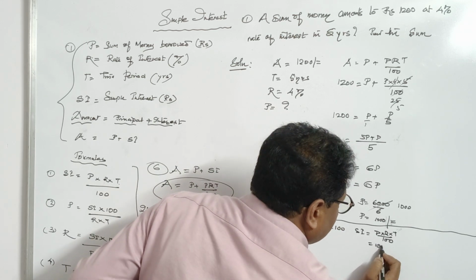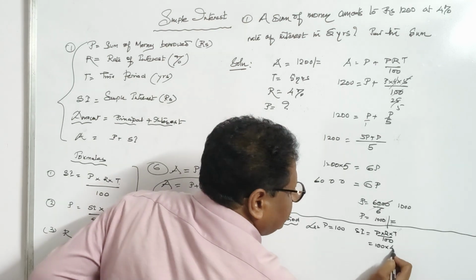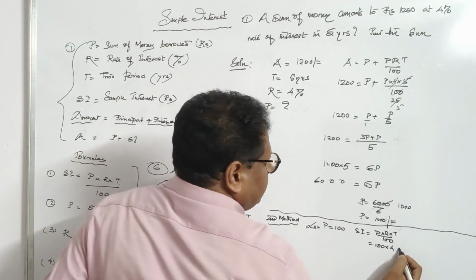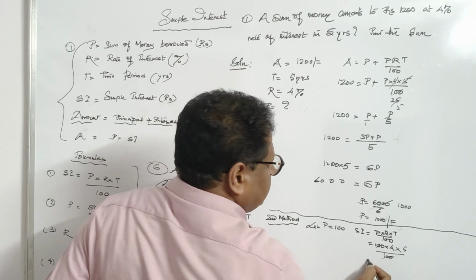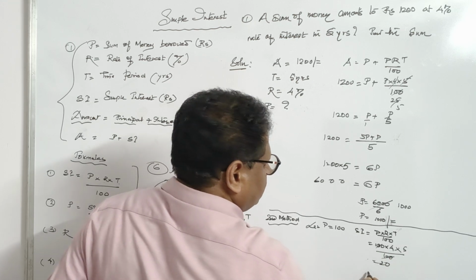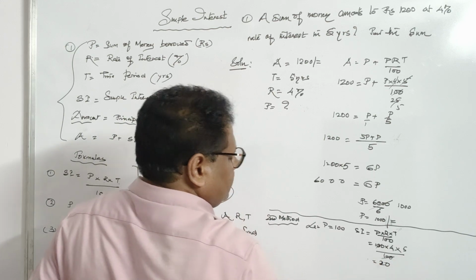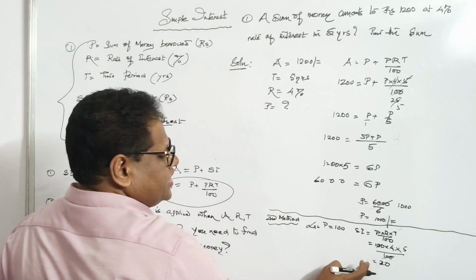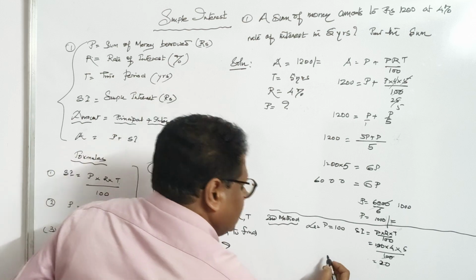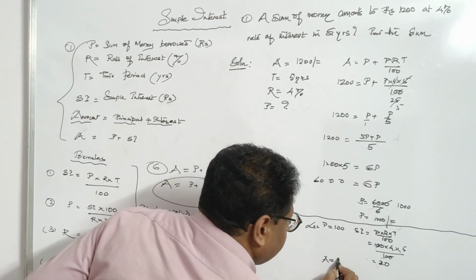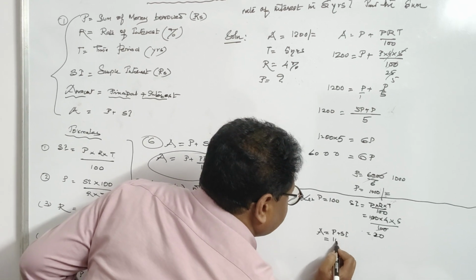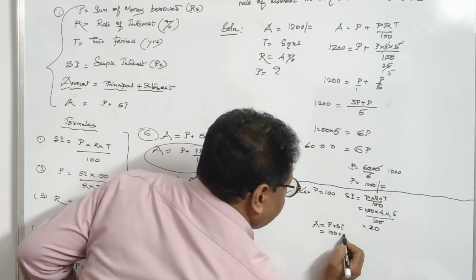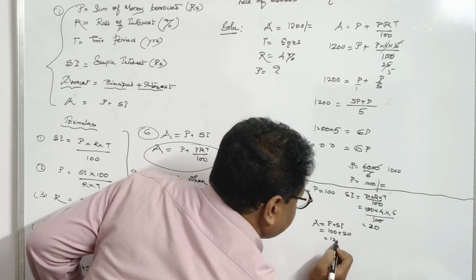That comes to principal 100, rate 4%, time 5 years divided by 100. So cancel these two, you get 20. So when the principal is 100, the simple interest comes to 20. Now the amount will be principal plus SI. That means the principal is 100, SI came 20, so this is 120.